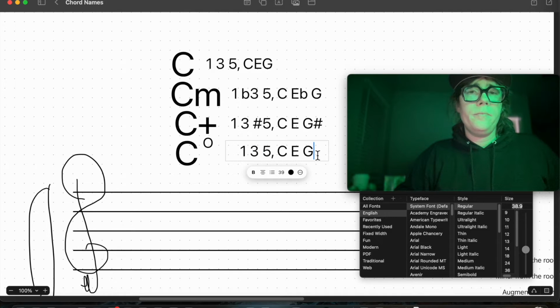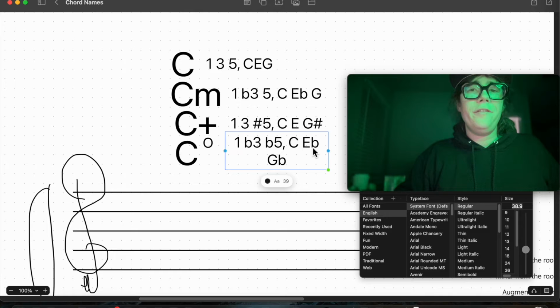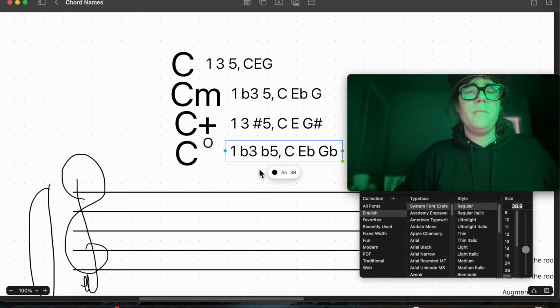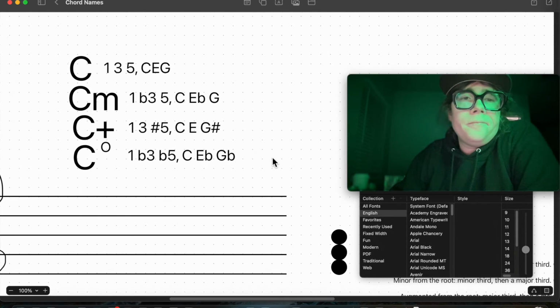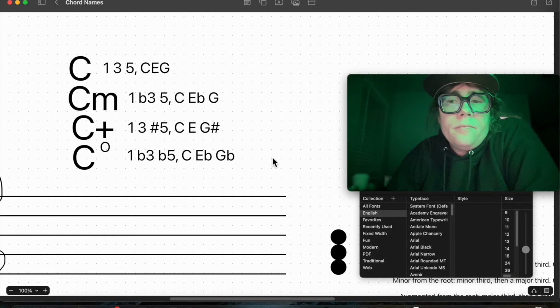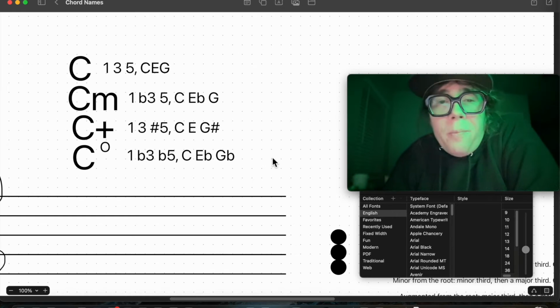Do you remember? I remember. Flat 3, flat 5. That means E flat, G flat. Those are our basic triads.